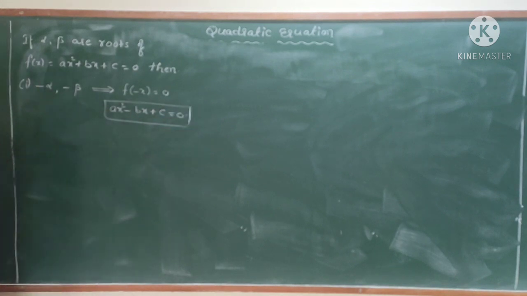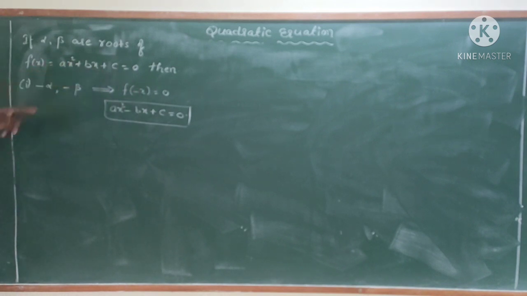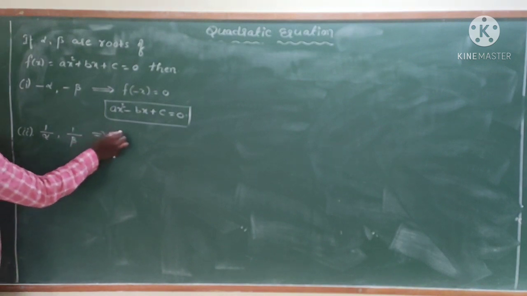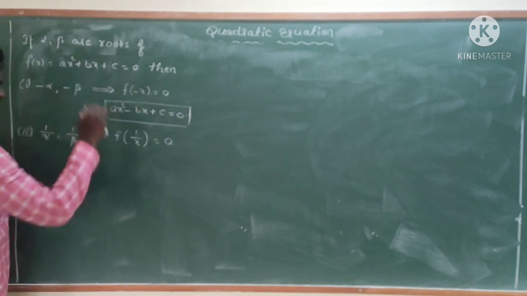So how did we get this equation? In place of x, you need to substitute minus x. This is a quadratic equation. For example, if the roots are 1 by alpha and 1 by beta, then simple, in place of x, we need to substitute 1 by x.